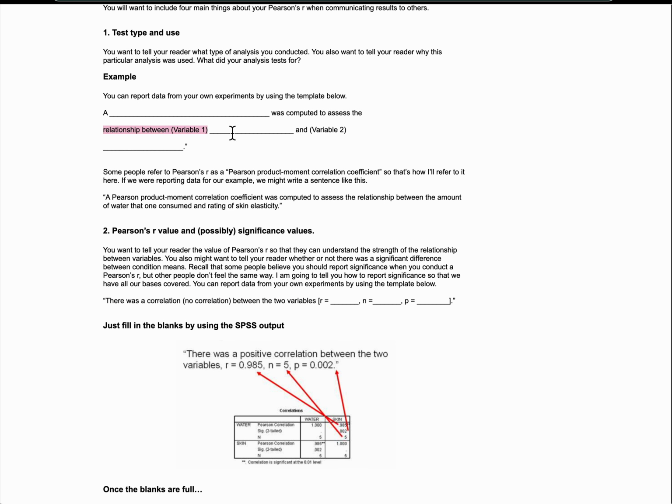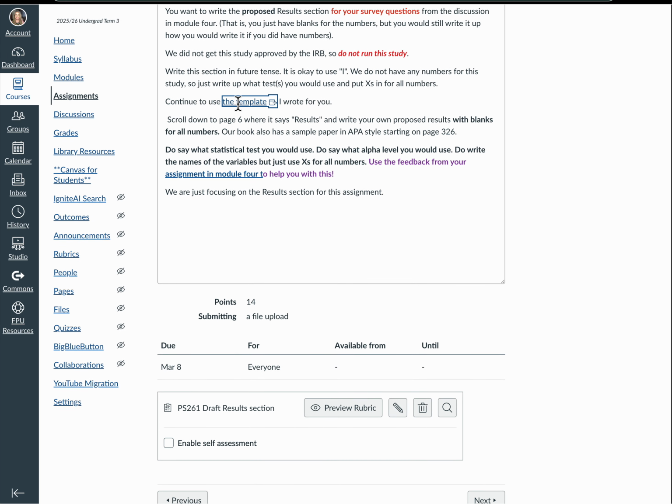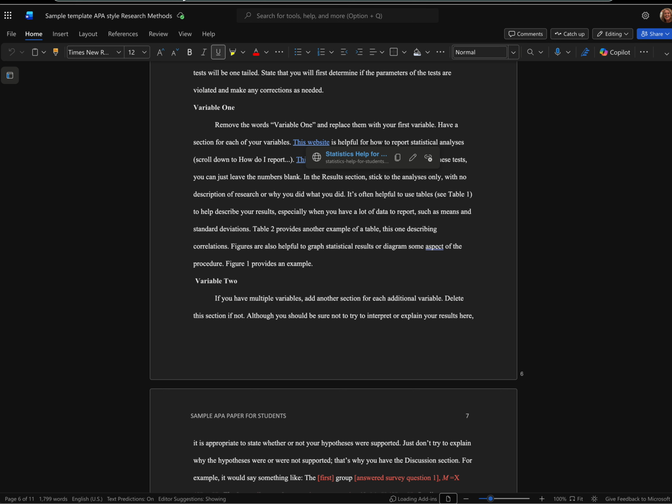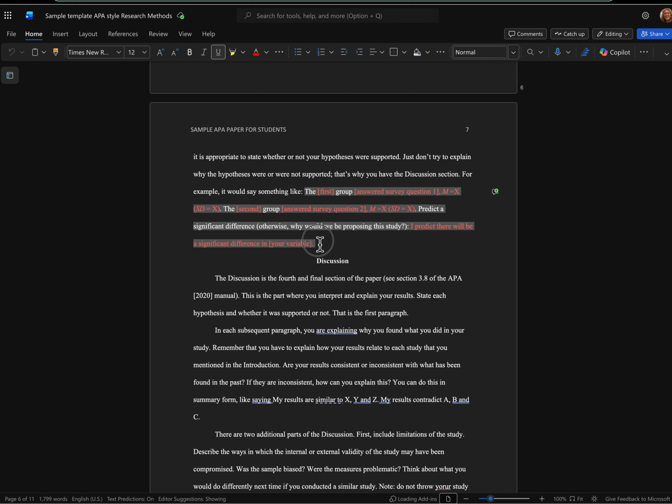You do have to fill in variable 1 and variable 2, but the other blanks can just remain blank because you didn't actually do that test. That's really it. And then I gave that example.